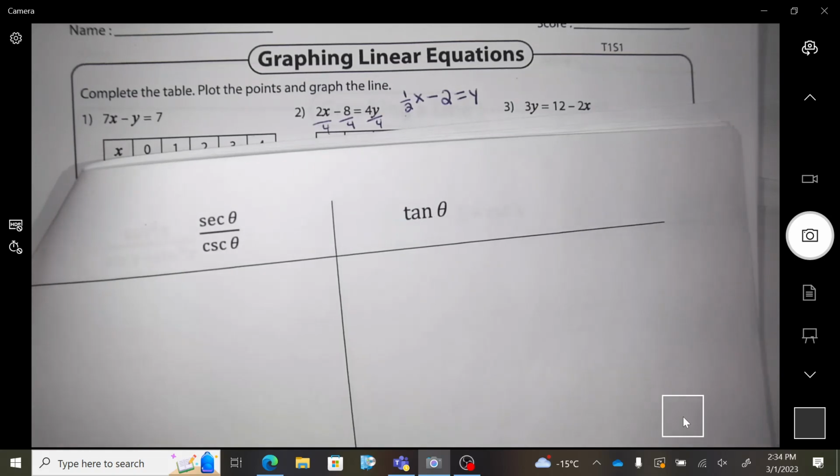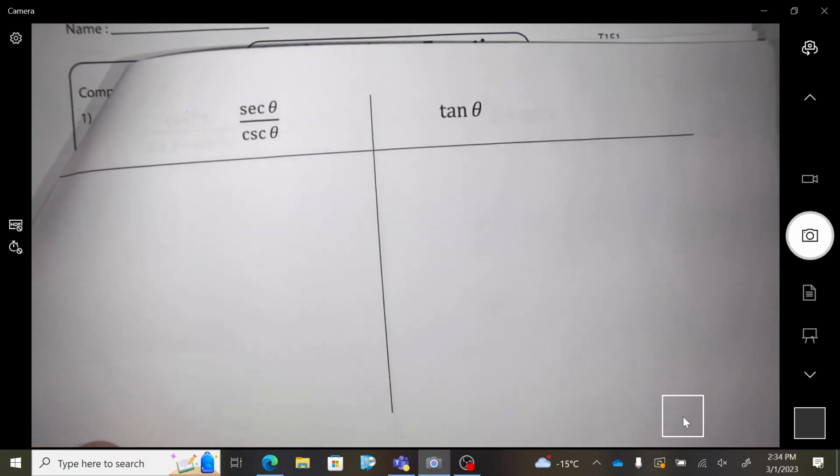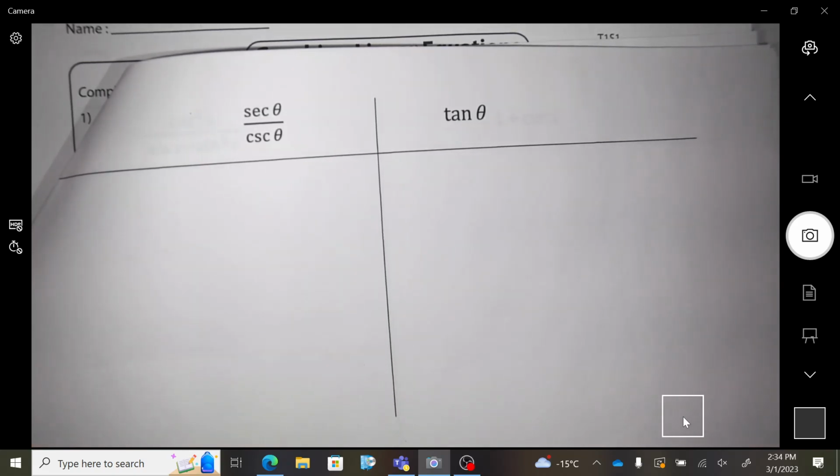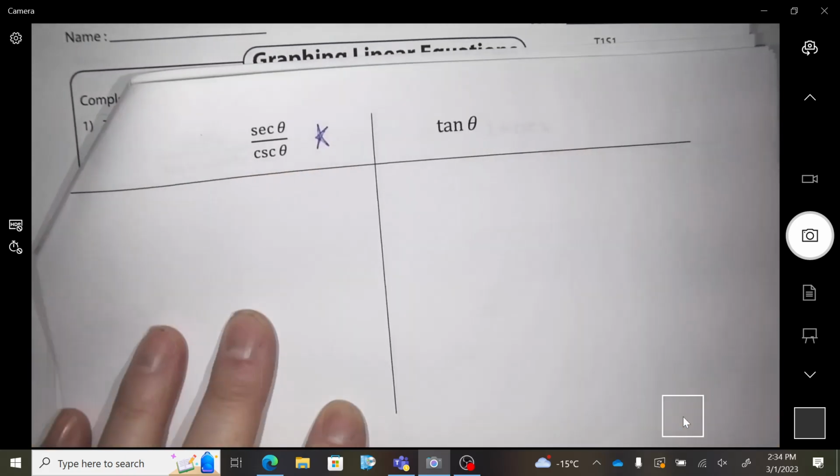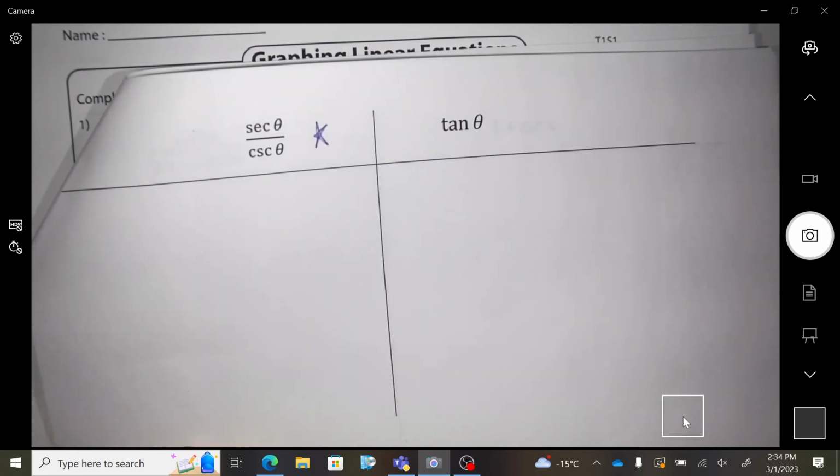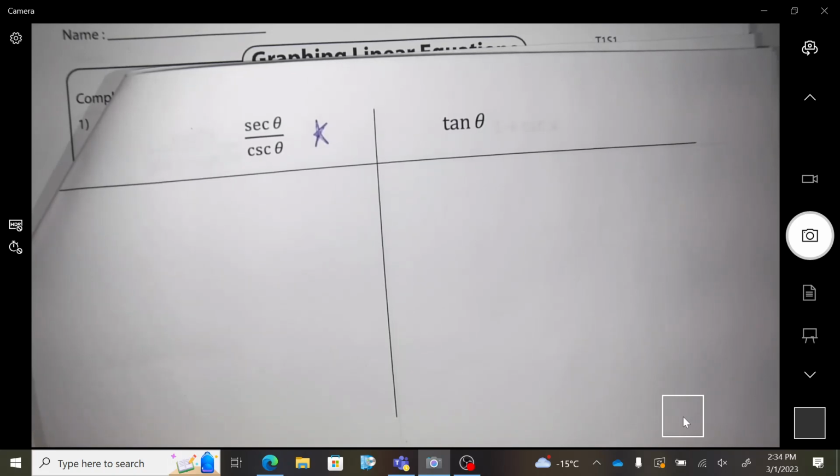Okay. If you were to instinctively pick a side to start with, which side would you start with? Which one looks probably more complicated? This fraction looks more complicated, right? Okay. I'm thinking just substitutions right now. Let's start with that.